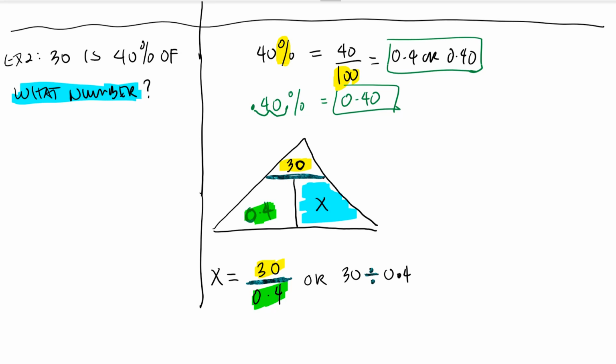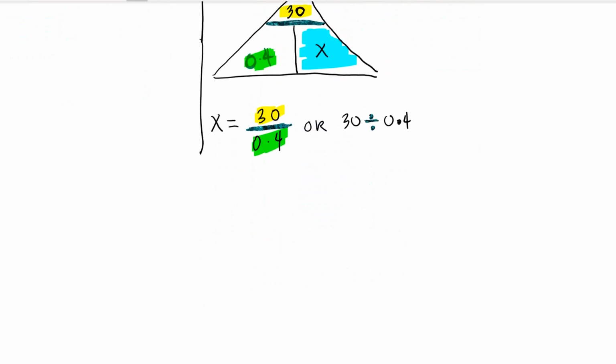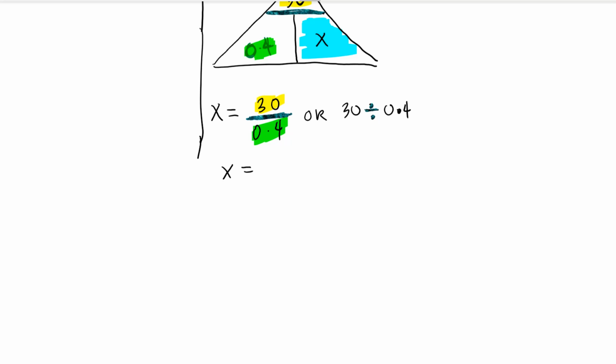So for that percent triangle, right away you have 30 over 0.4, or 30 divided by 0.4. If you divide 30 by 0.4, that gives you 75.